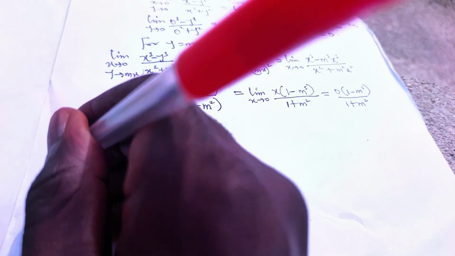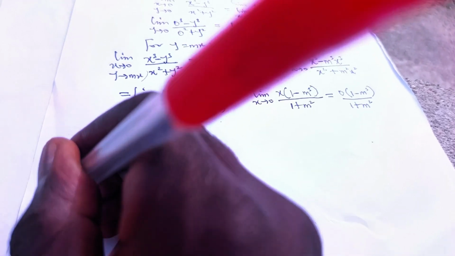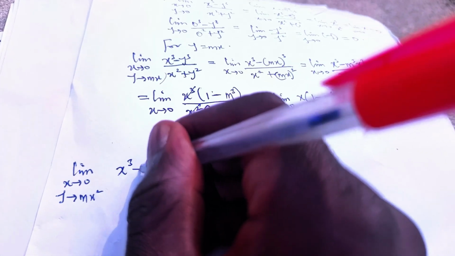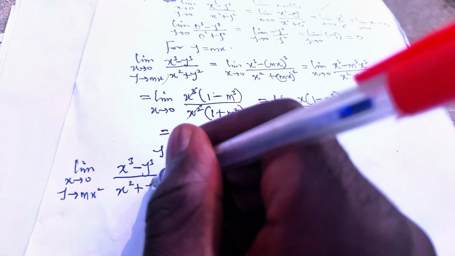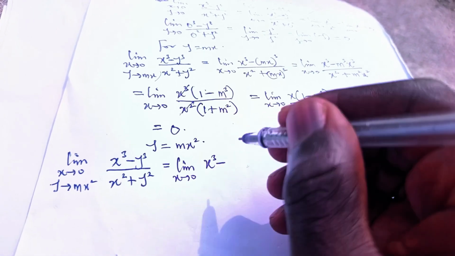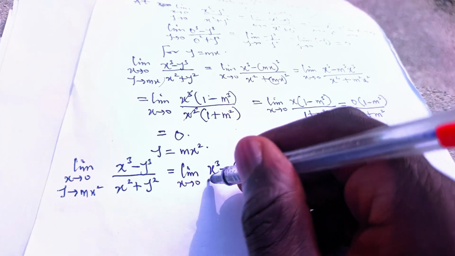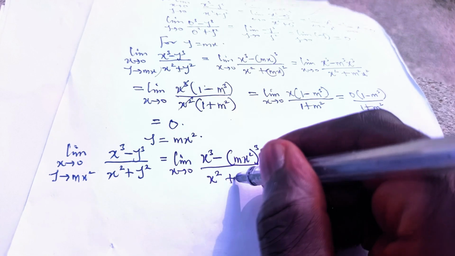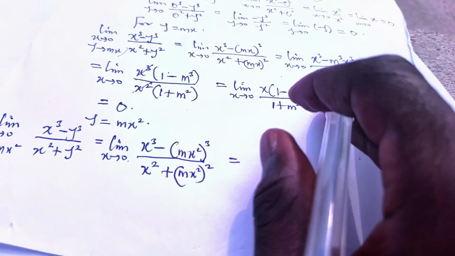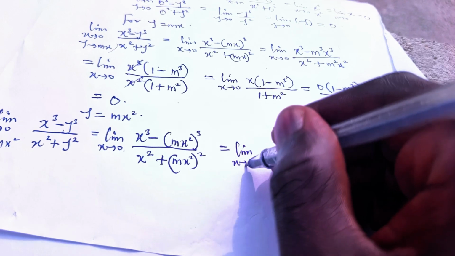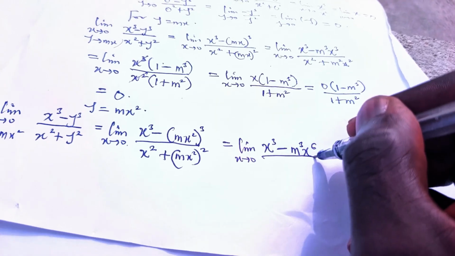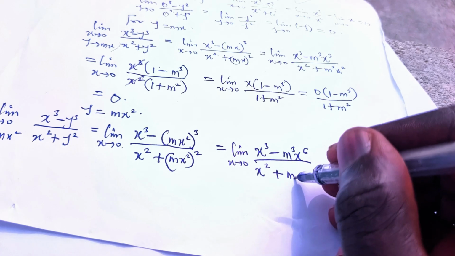That means the limit as x tends to 0, y tends to mx squared, of the same expression (x cubed minus y cubed) over (x squared plus y squared), is equal to the limit as x tends to 0 of (x cubed minus (mx squared) cubed) over (x squared plus (mx squared) squared). This is equal to the limit as x tends to 0 of (x cubed minus m cubed x to the power 6) all over (x squared plus m squared x to the power 4).